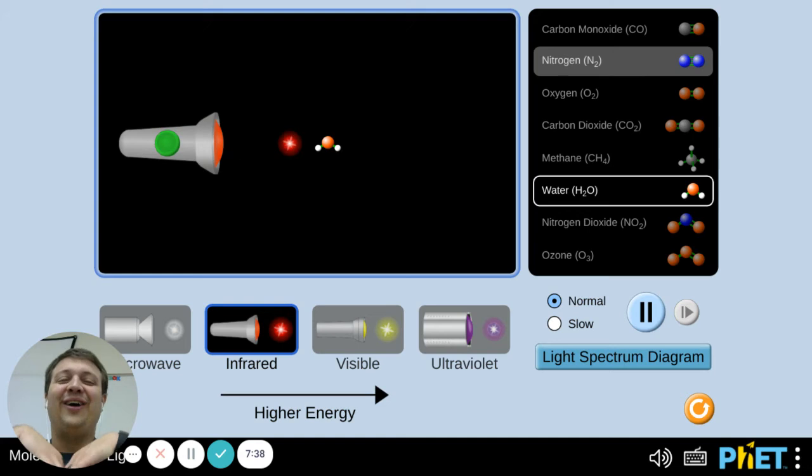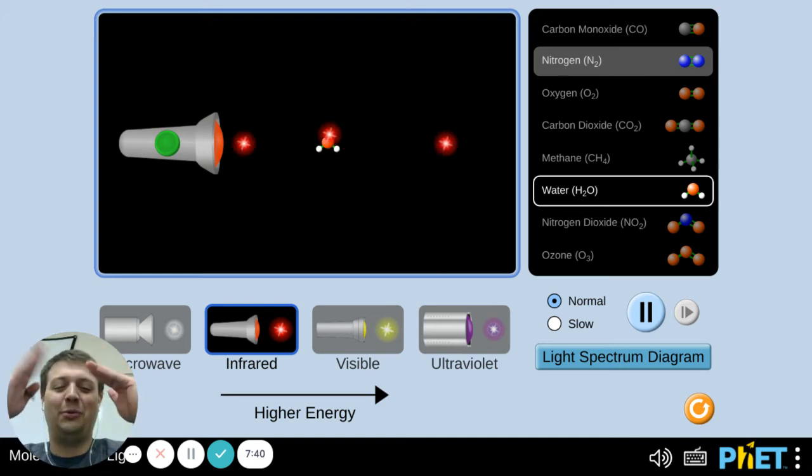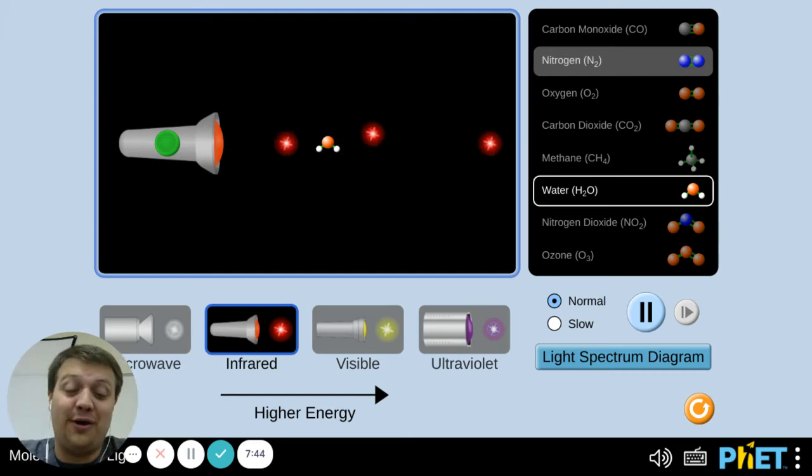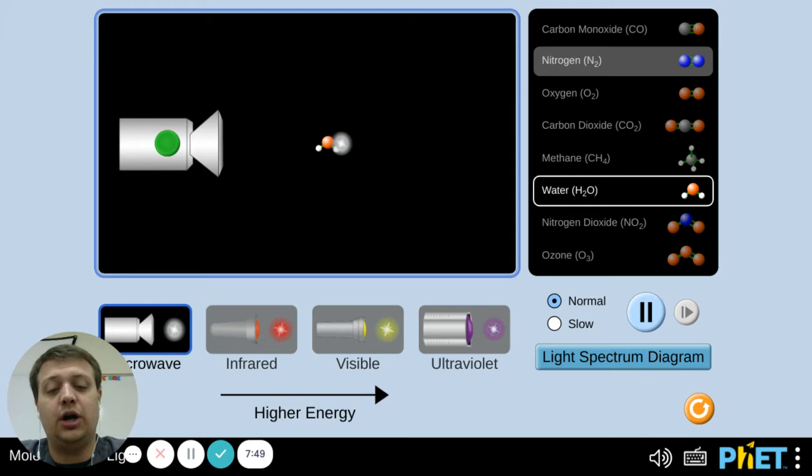That's right. So there you've got your molecules just like wiggle, wiggle, wiggle. It is vibrating in place. All right. And then for microwaves, what would we expect? We would expect that rotation to occur. And so that is what we are seeing there, that change in rotation. Sometimes it's clockwise, sometimes it is counterclockwise.